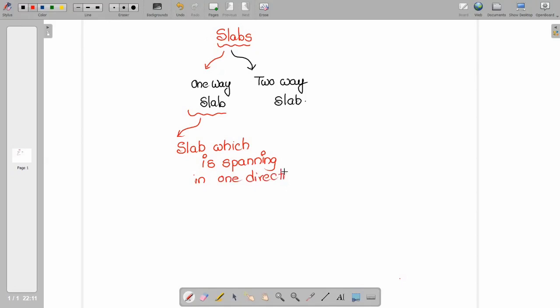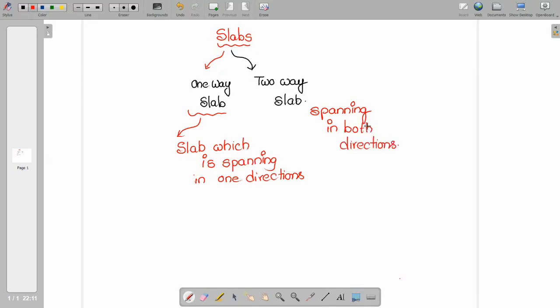Two-way slab means a slab spanning in both directions.